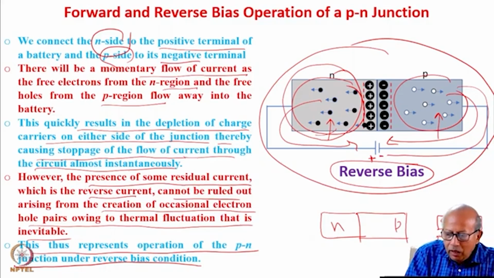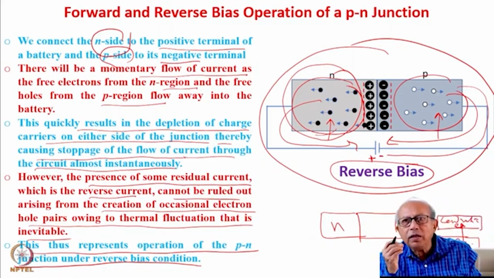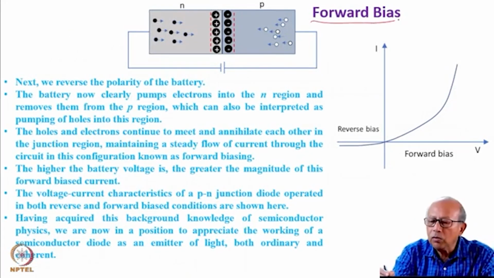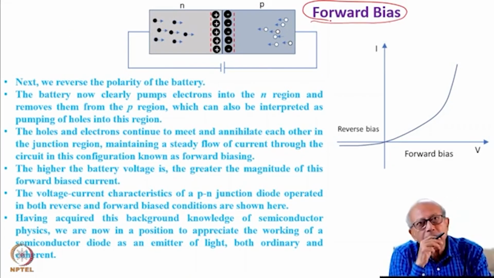That means after some very initial flow of current, immediately as you connect this battery, there will be stoppage of any further flow of current, although there is a possibility of some reverse current, which arises from thermal fluctuation, which will result in direct crossover of the valence electron to the conduction band, resulting in flow of some reverse current.